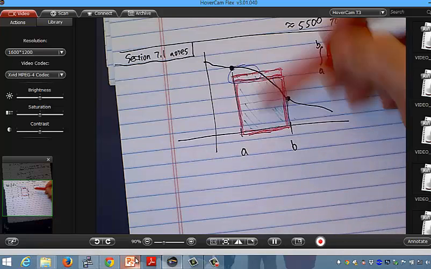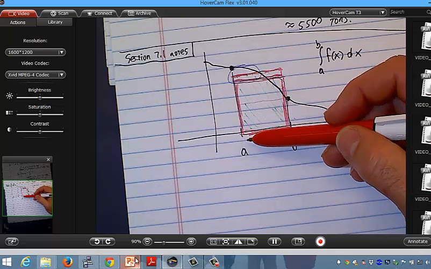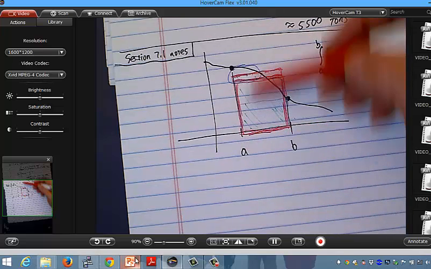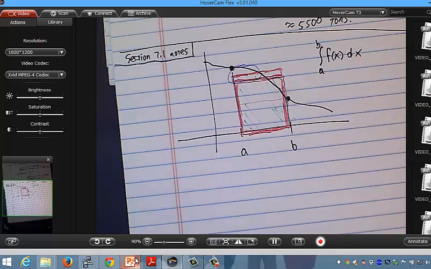Because if you put it up all the way, then the white's too big. If you put it down too far, the green's too big. But there has to be some place where they're equal. Kind of a midpoint. Well, here's the thing. Whatever it is, that place, that's what I'm going to call the average value of the function.